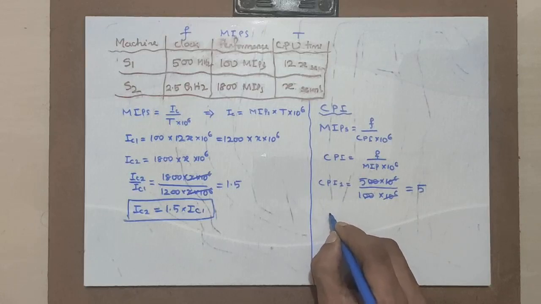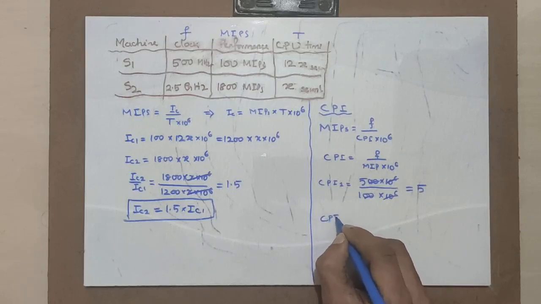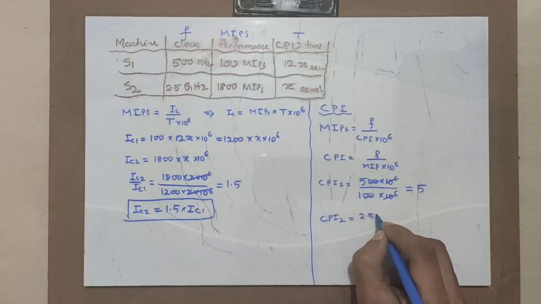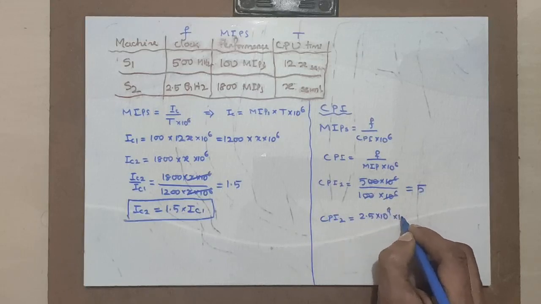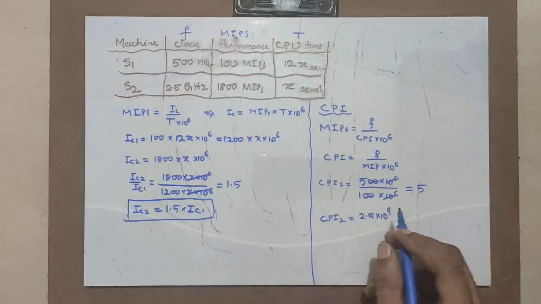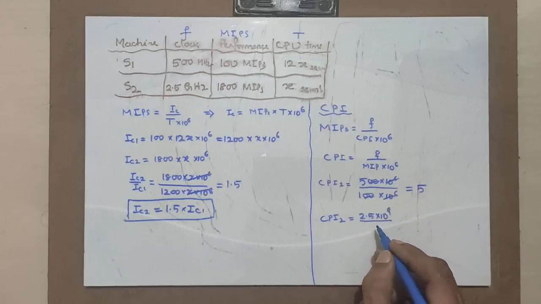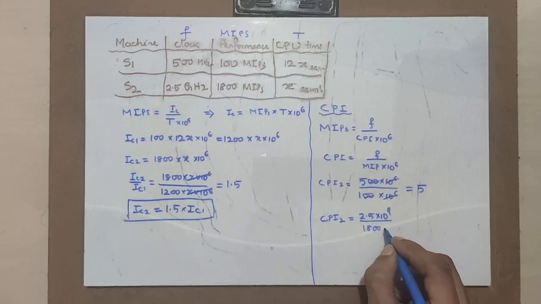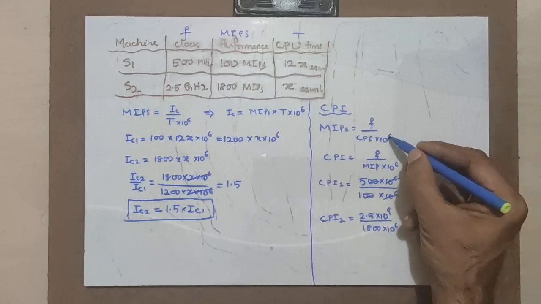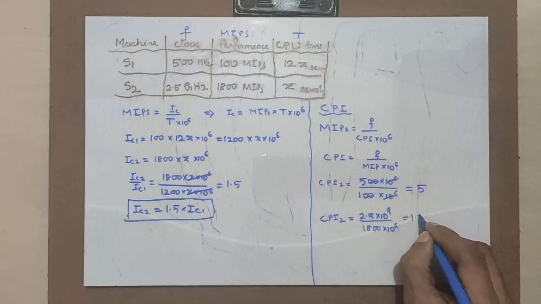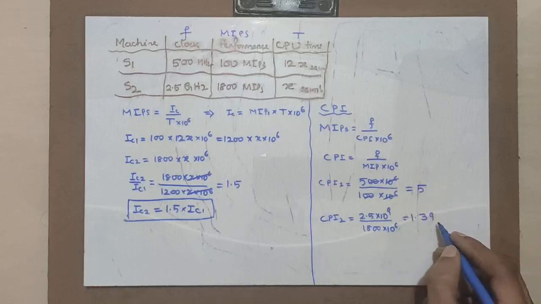Now for the second machine, CPI2, cycles per instruction for the second machine, frequency is 2.5 giga, 10 raised to 9, divided by MIPS rate 1800. Now there is one 10 raised to 6 also present in the denominator. If I put this, it cancels out, giving you 1.39.